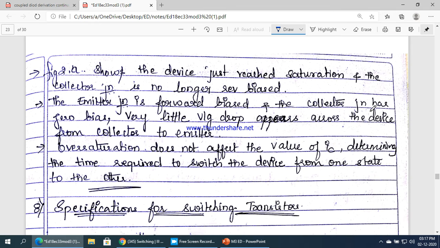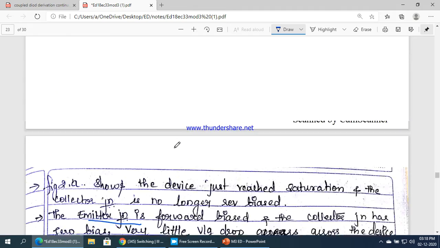And one more thing: the emitter junction is forward biased and the collector junction has zero bias at the beginning. From the cutoff region to the saturation region we are pushing. At that time the emitter junction is forward biased, there we have some voltage, and the collector base junction is 0. There is very little voltage drop across the device from the collector to emitter. A small voltage drop takes place across this junction.